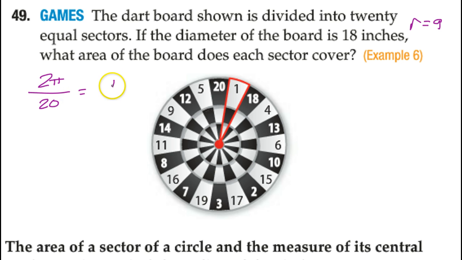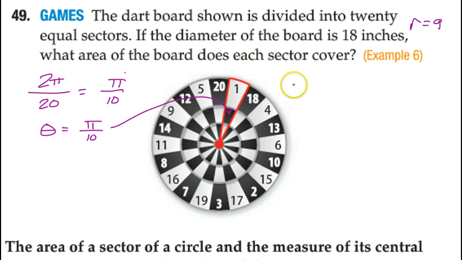This reduces down to pi over 10. So that is the angle measure, that's our theta when we do the formula later. Okay, that is the measure of this angle in radians, pi over 10. You should know that 2 pi represents the entire circle.